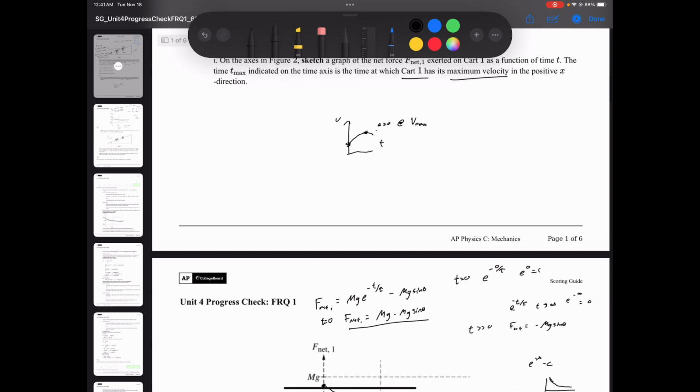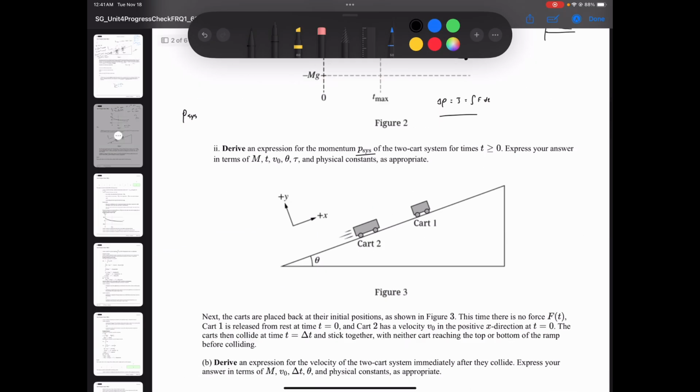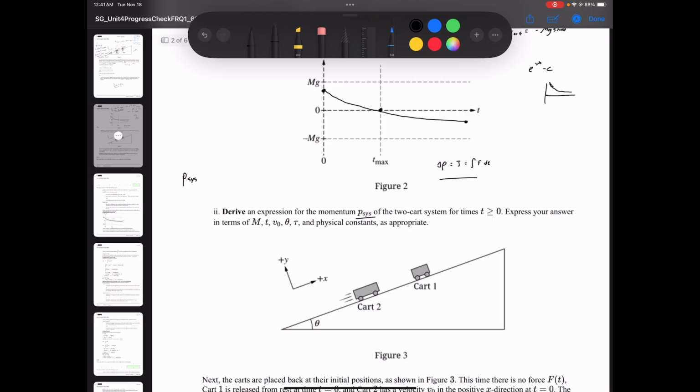At maximum velocity, it's important to note that the acceleration is going to be 0, right? When you reach maximum velocity here, the slope of the tangent line is 0. So acceleration is 0 at Vmax, which means that the net force is also going to be equal to 0 at that critical time. So that's this data point over here. At Tmax, we know that the net force is 0.